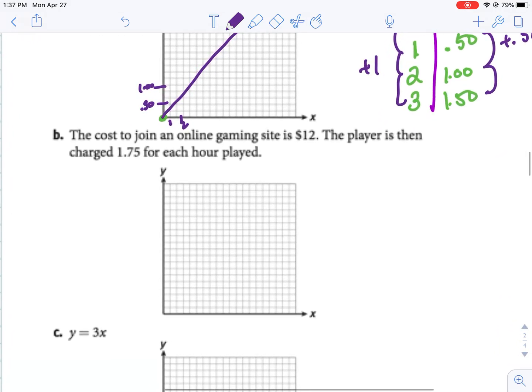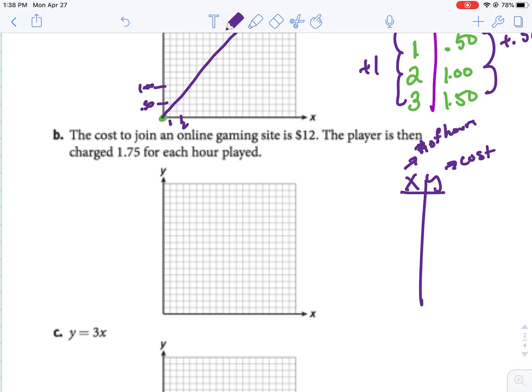Okay, so the next one says, the cost to join an online gaming site is $12. The player is then charged $1.75 for each hour. Okay, so again, our y value is our cost, and our x value is going to be the number of hours that the person played video games. Well, it has an initial cost, so it says the cost to join is $12. So even if you don't play any games, and we've done this before, your cost is $12.